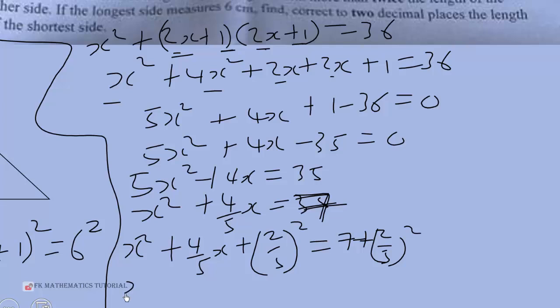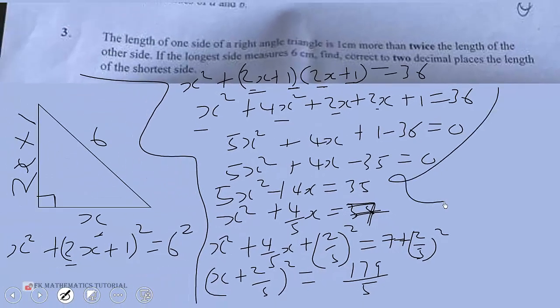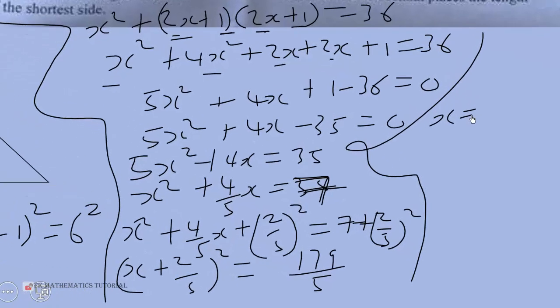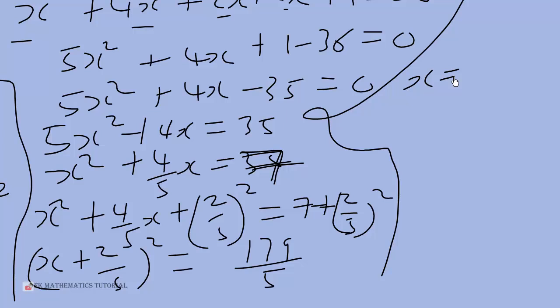So when we simplify this, we're going to get x plus 2 over 5 all squared is equal to 7 plus, this is 179. So we're going to get 179 over 25. So it means that x will be equal to positive square root, because we are dealing with side length.